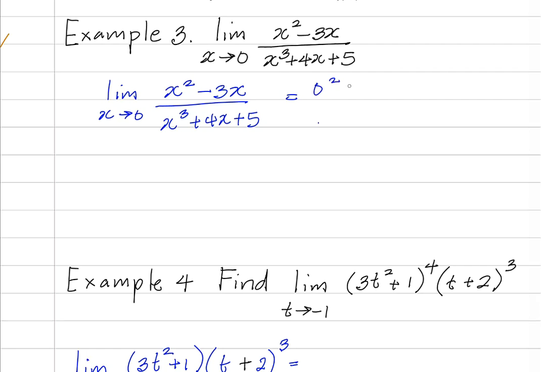So this is 0 squared minus 3 times 0 over 0 cubed plus 4 times 0 plus 5. So at the top, I'm going to have 0, and at the bottom, I'm going to have 5. So the limit of x squared minus 3x over x cubed plus 4x plus 5 as x approaches 0 is 0.